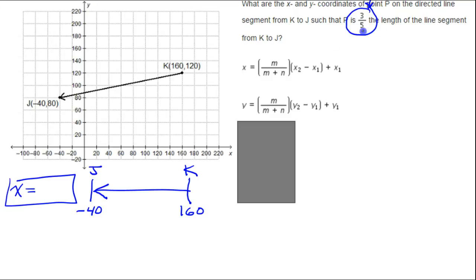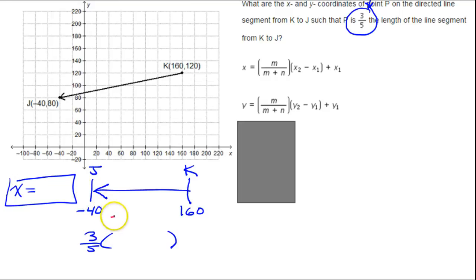So I need to go 3/5 of the distance. Now how do I calculate the distance? They're kind enough to have these little formulas around to remind us that we're going to do the second one minus the first one. In this case that's j minus k, because j is where we're headed.